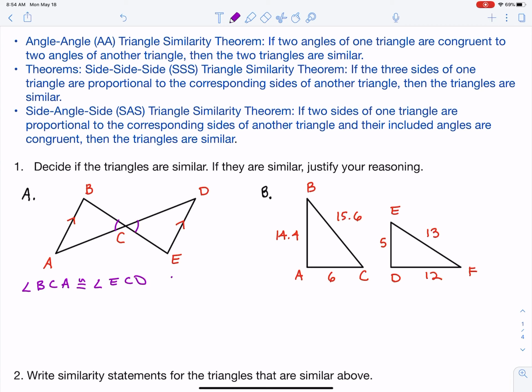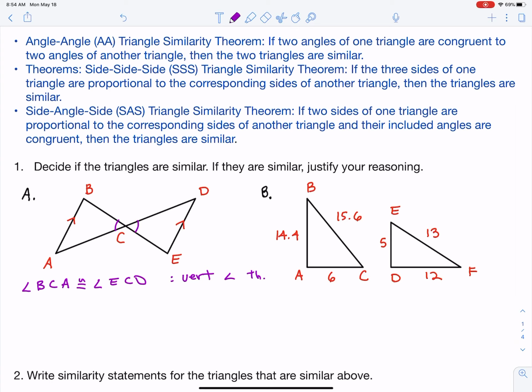And the reason we know that is they're vertical angles. So the vertical angle theorem. Okay, again, we're not doing a proof. I'm just justifying it, and this is my justification. So those 2 angles are congruent because they're vertical angles. What else do we know?